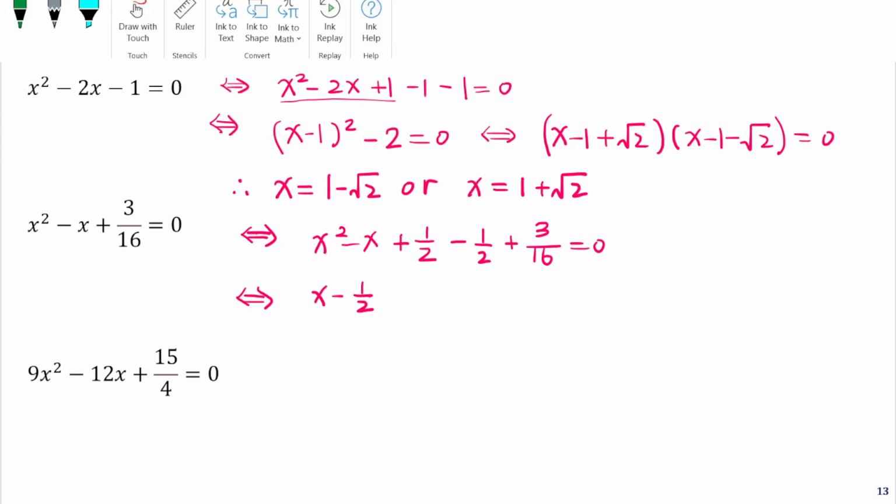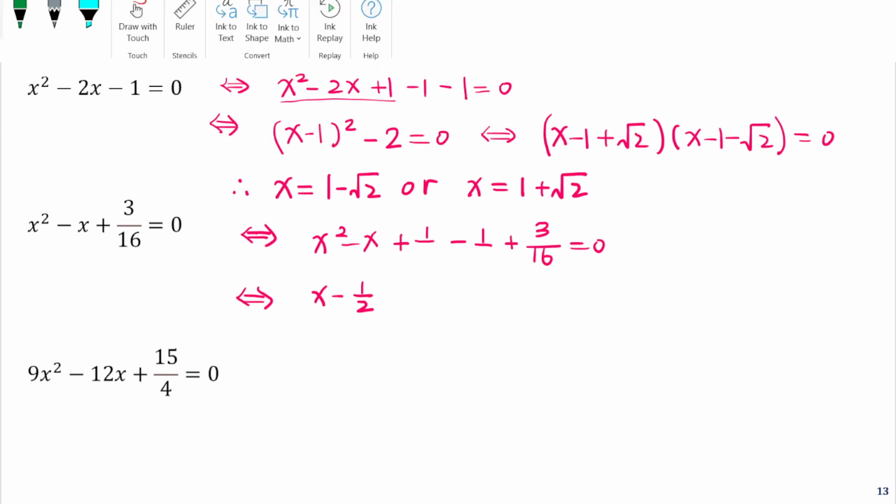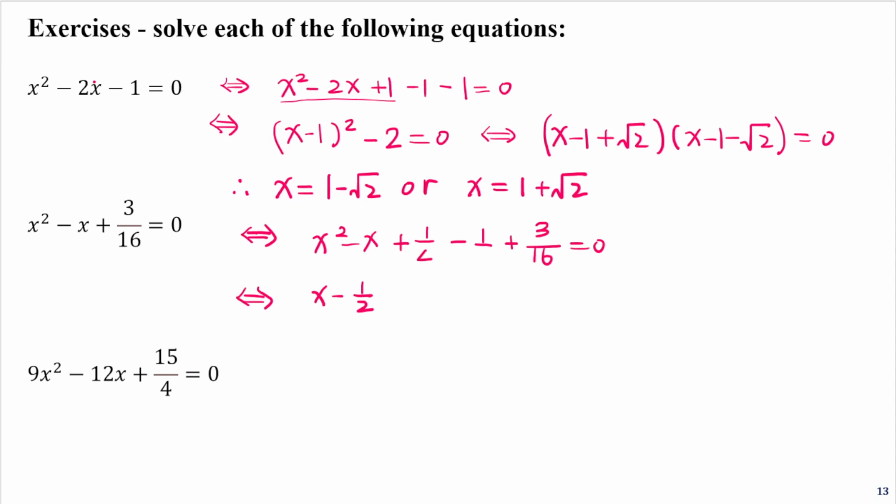We should add a quarter, not a half. So the first three terms gives us x minus 1 over 2 squared, right? Because if you expand it, you will get x squared minus x plus 1 quarter. And then minus 1 quarter plus 3 over 16. This is actually negative 4 over 16 plus 3 over 16, which is negative 1 over 16, right?